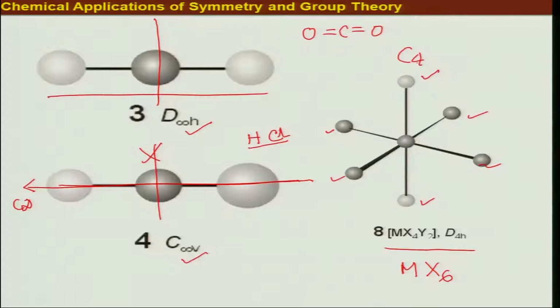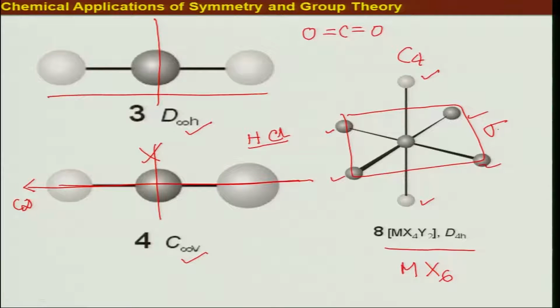Now is there any plane perpendicular to this C4? Knowing that there is not more than one C4 here, I am talking about the element. There is not more than one C4. So this is the only principal axis of symmetry, C4, and I can see there is a plane containing all these X's and the M. This MX4 plane constitutes a sigma h.